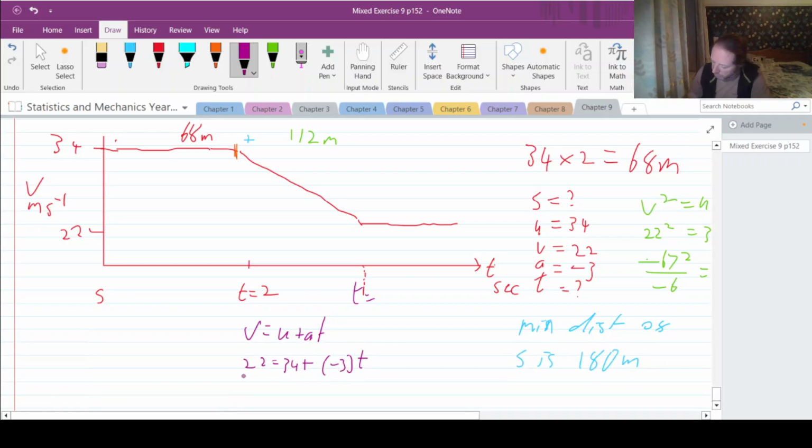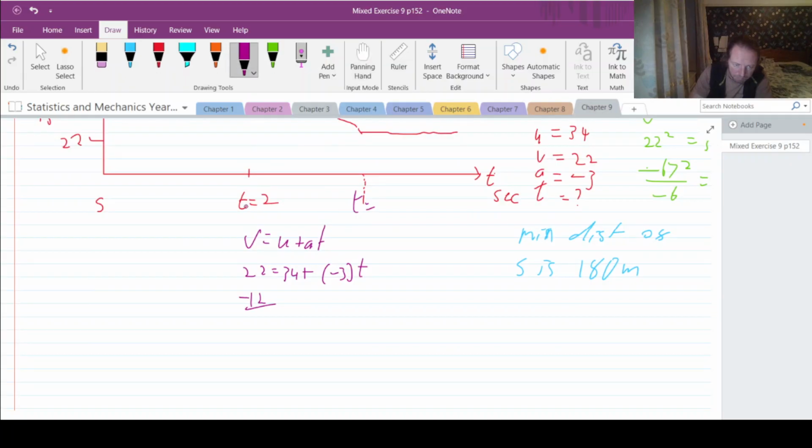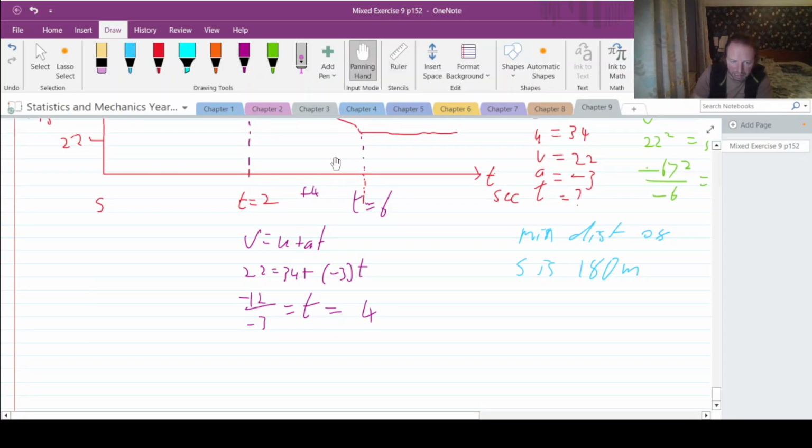So 22 minus 34 gives minus 12, divided by minus 3 gives a time of 4 seconds. And of course, plus 4 seconds here would give us a t of 6 on that graph there.